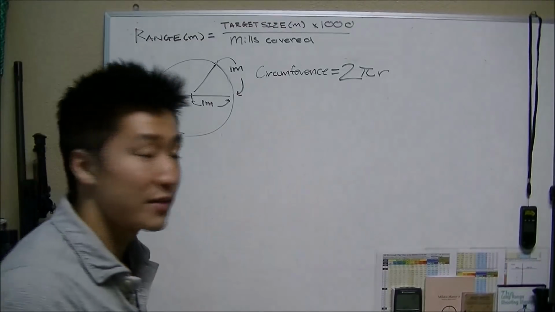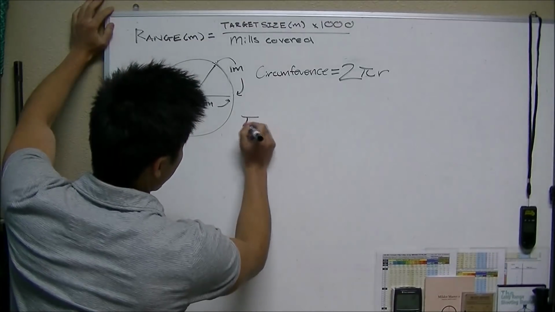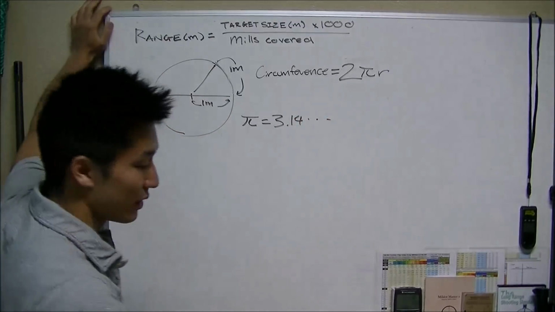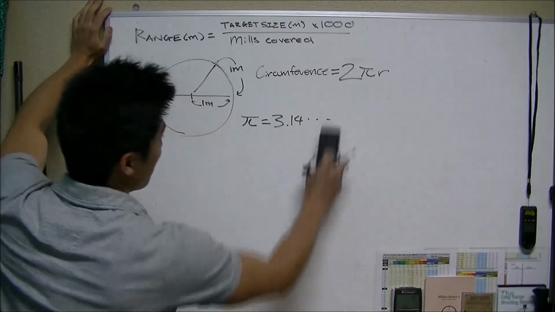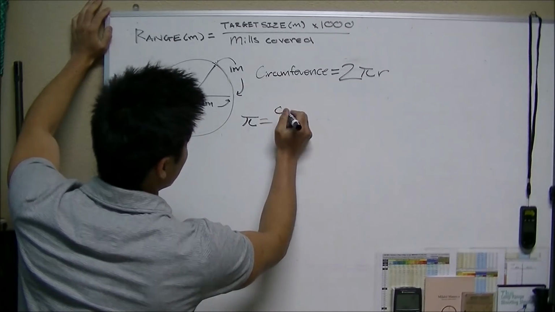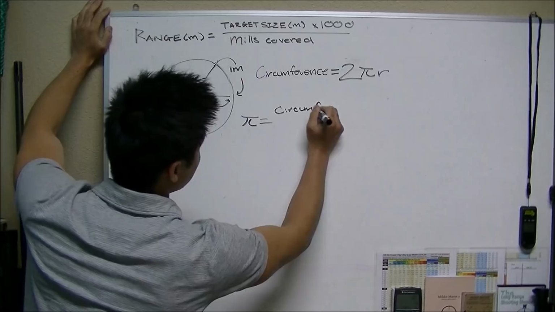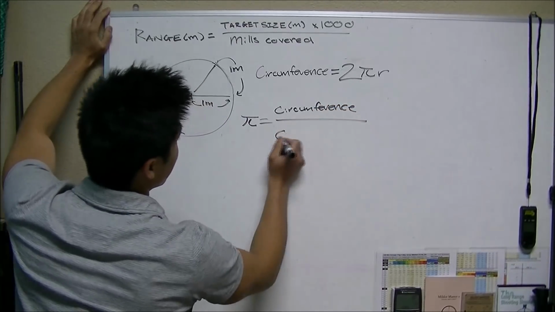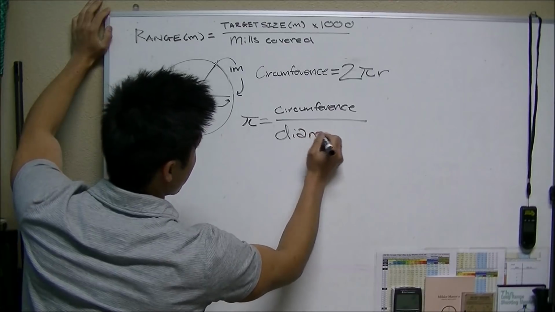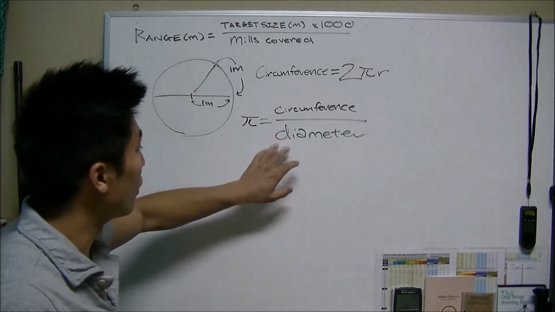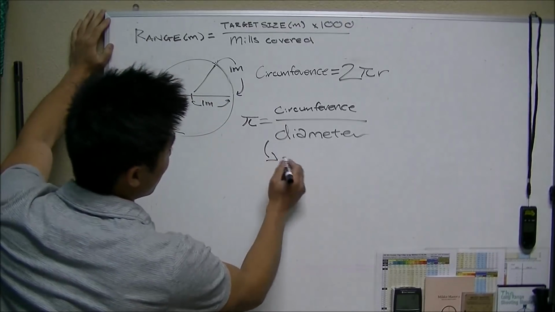And basically how we got this is we know that pi, a lot of people just memorize it as 3.14 whatnot, but pi is also a ratio. It's a ratio of a circle's circumference over its diameter. And the diameter of a circle is always going to be 2r, 2 times its radius.